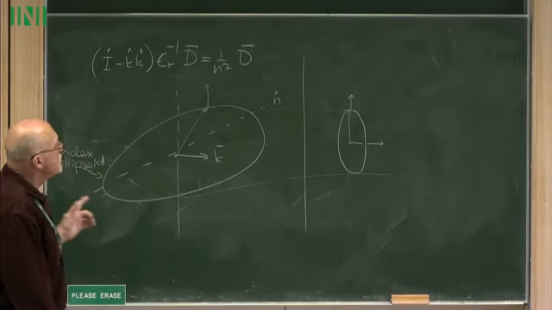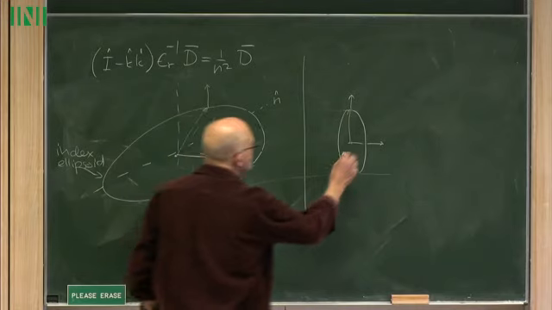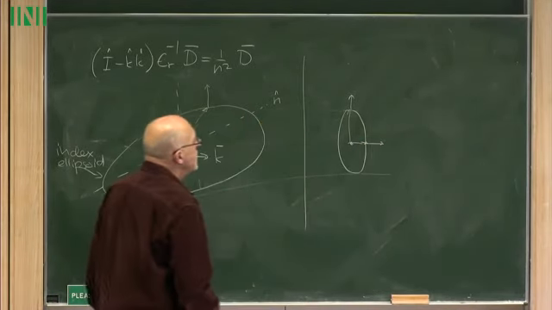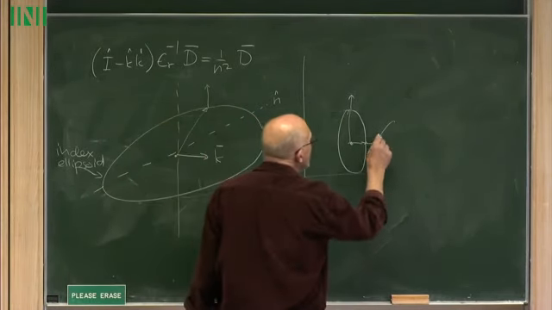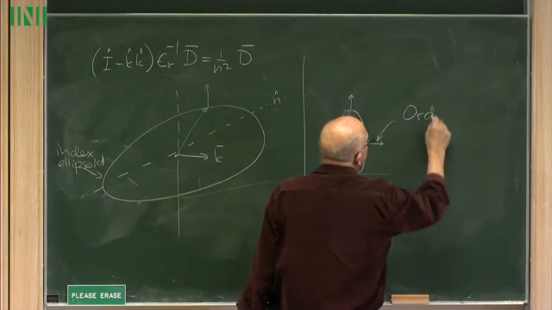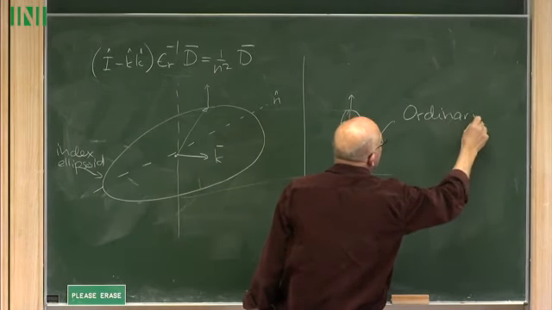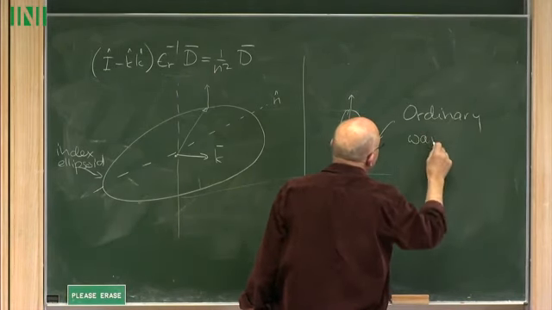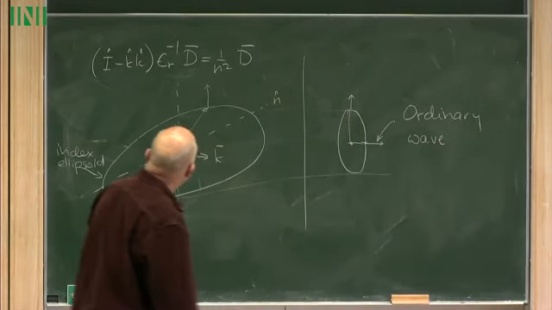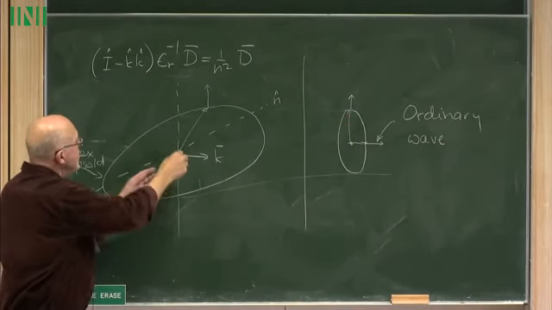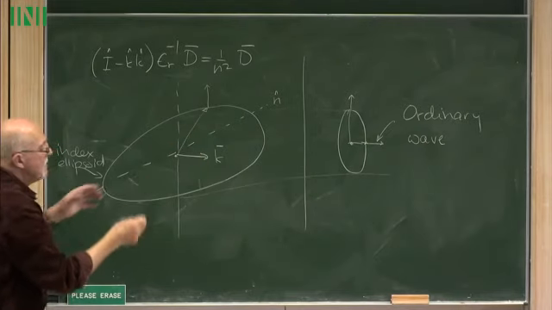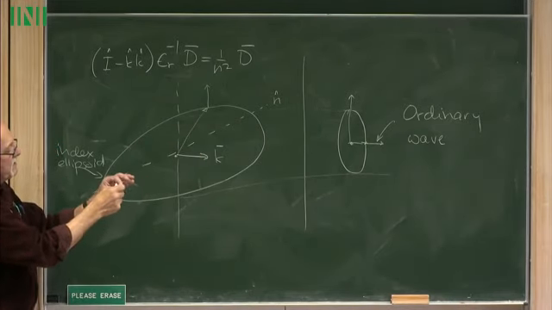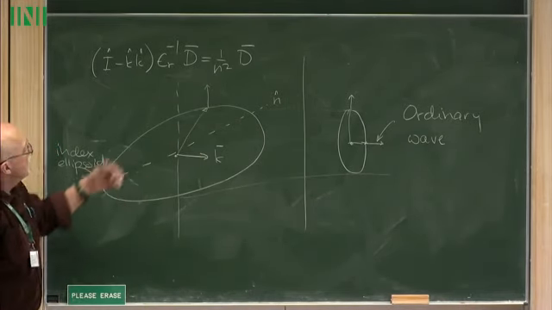Now, this is pretty simple, and this is called the ordinary mode. So this is always in the thin direction, so I get some elongated ellipsoid. So that's always in the thin direction of the ellipse.